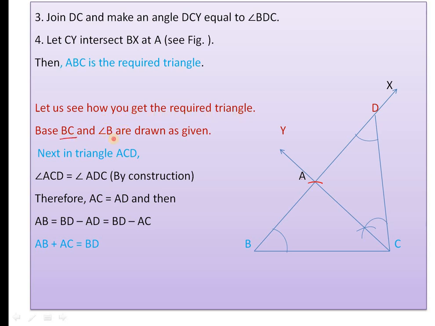Base BC and angle B are drawn as given. So next, in triangle ACD, angle ACD is equal to angle ADC by construction.